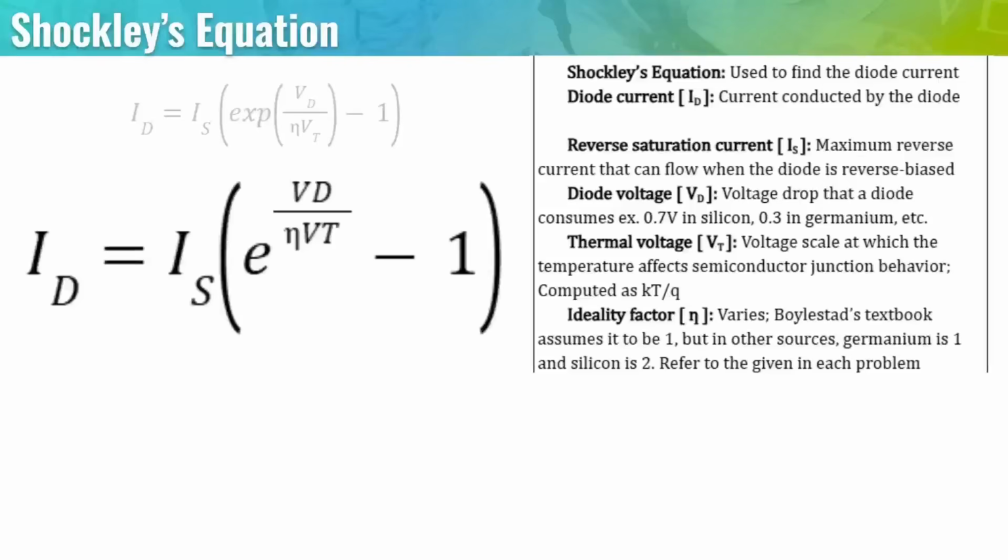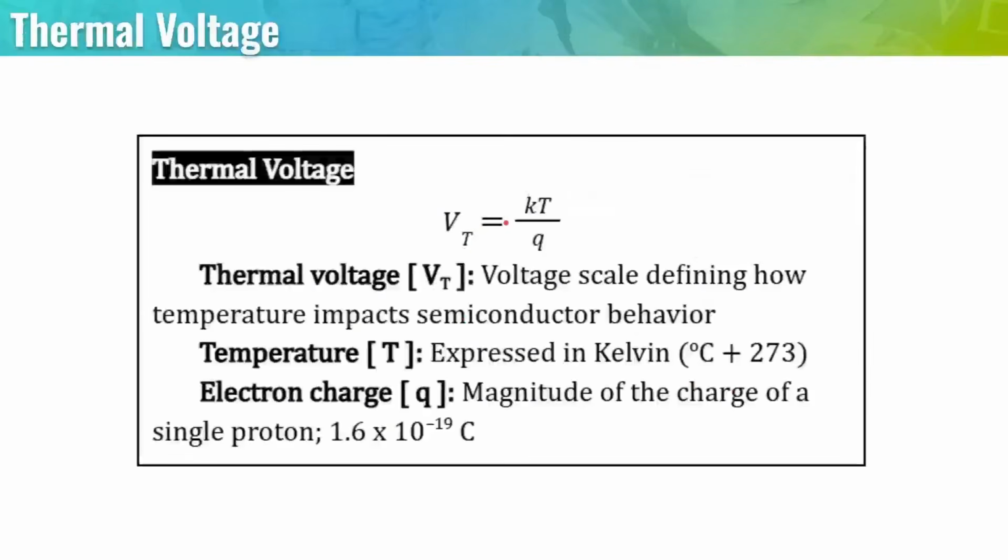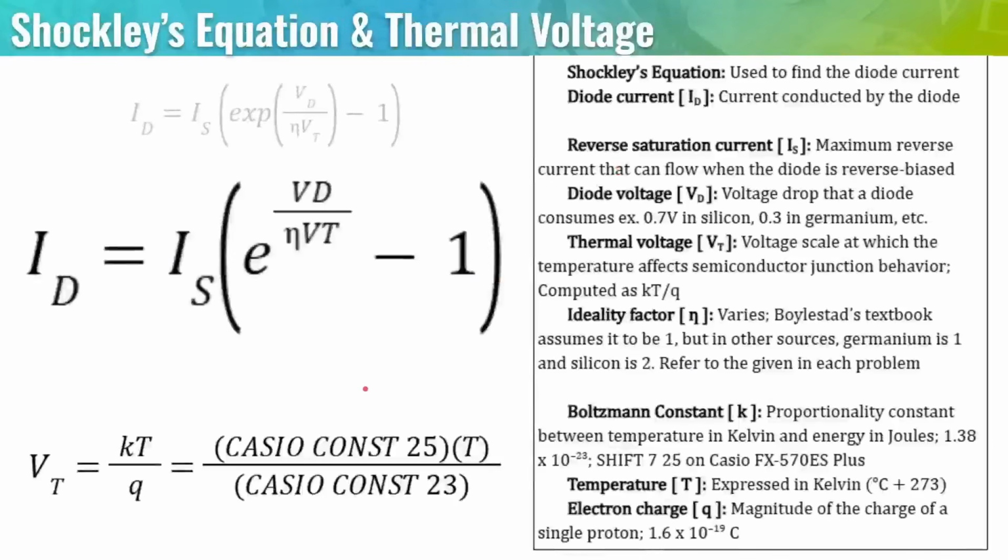So the most accurate way is to compute it using kT over q, where first we start with k. k is the Boltzmann constant. You can find it on your calculator using the constants. Specifically for Casio calculators, it is Casio constant 25. You can find it by using shift 7 25.